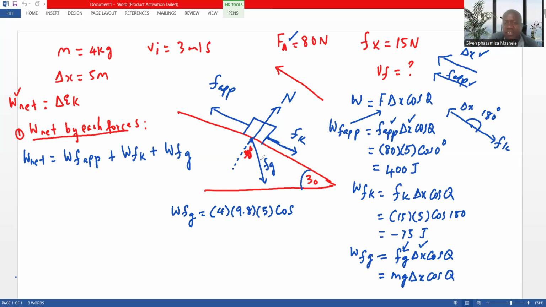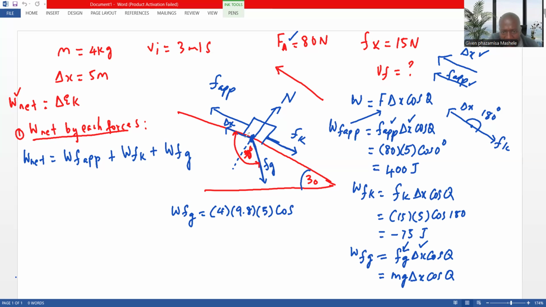Look at this, guys, it's very important. If you look at this object here, this is my Fg. Where is the object being moved? It's moving upwards, so this is our delta x here. We want the angle between the Fg and delta x.